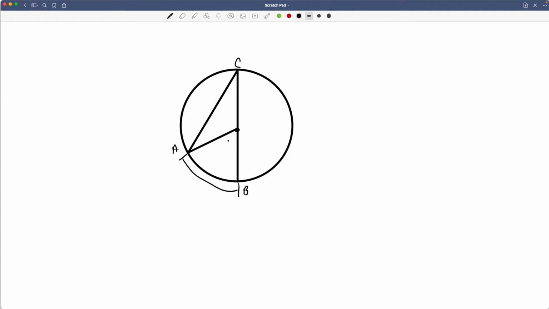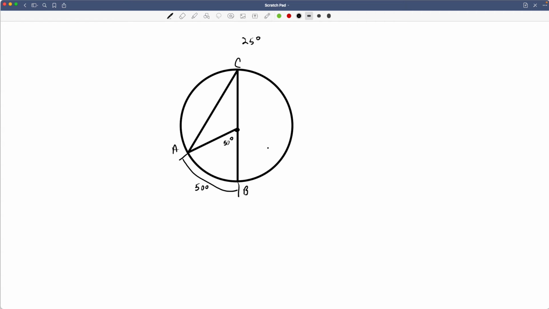So the degree measure here is the degree of measure on the outside. So if this were 50 degrees, then this would be 50 degrees. But we also know that because it is half, this one should be 25 degrees. That's what C should equal. So we are going to put that over here to the side and just hold it as a proof for now.